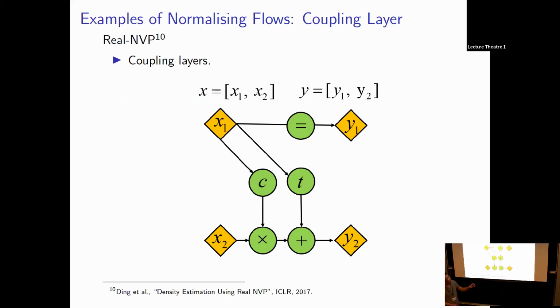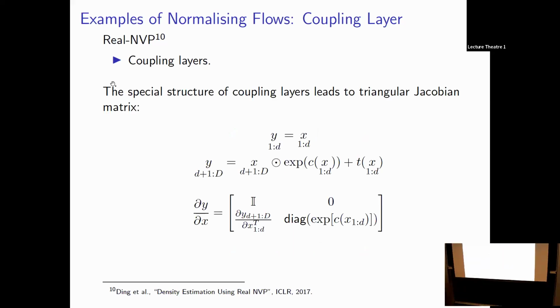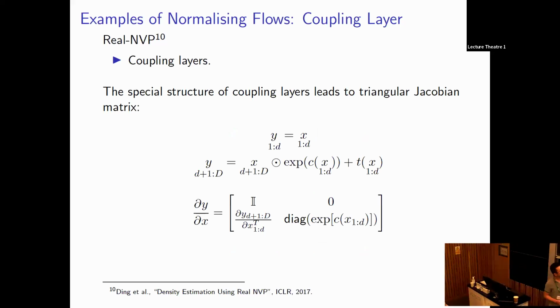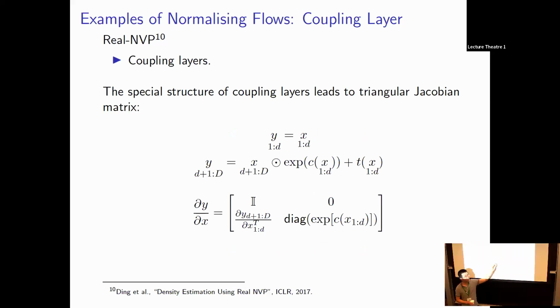And this is just one variant of normalizing flow. You split your inputs into two parts. One part of the input is directly put into the output, but the other part is a transformation of those two parts. With some design choices, for example like this one, I'm not going to go into detail, we can show that this leads to an invertible transformation.